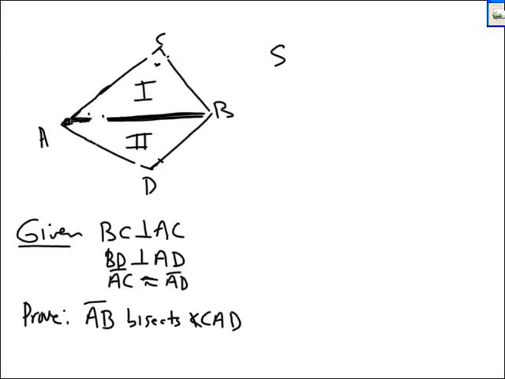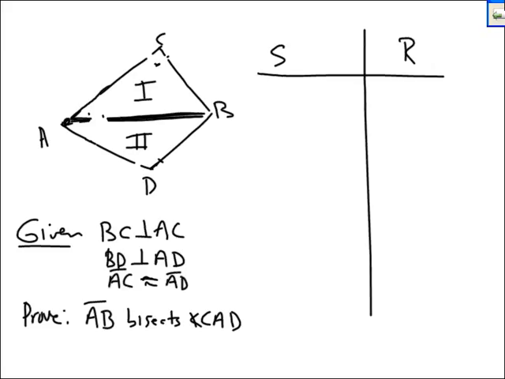So, statements, reasons, and let's go through the logic. The first thing is just the given. Okay, so I am told that AC and AD are equal. I have a right angle, and the hypotenuse is always opposite the right angle.